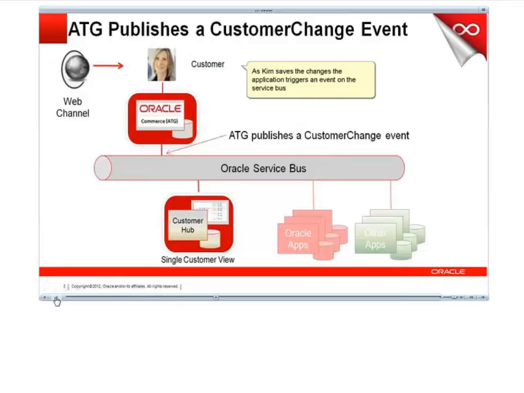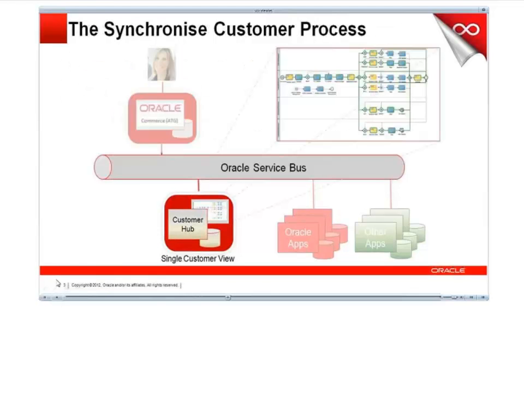So as Kim is saving the changes, that triggers an event on the actual CX Foundation layer underneath that particular Oracle Commerce ATG store. As that change happened, the service bus kicked off a BPM process. And the BPM process has a list of all the different applications within the enterprise who are interested in a change of that particular type.